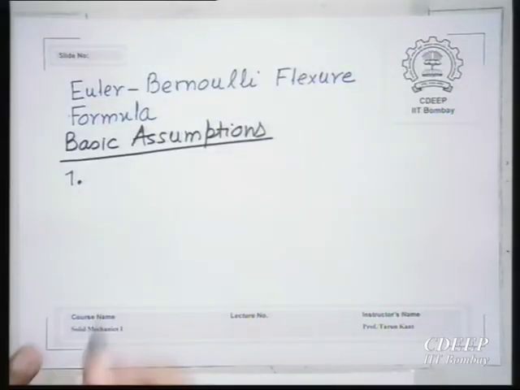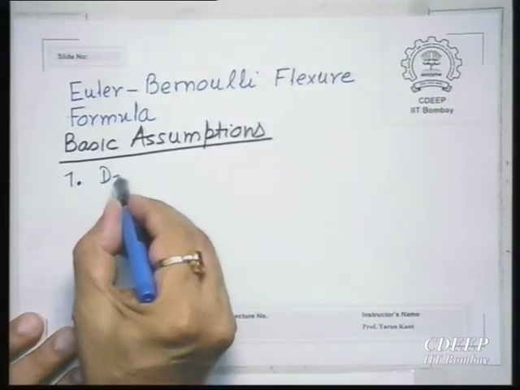So the first condition is all deformations are small, so that we can consider the equilibrium of forces in the undeformed state. This is a standard general assumption which is made in all the theories that you will be studying. So one is deformations.